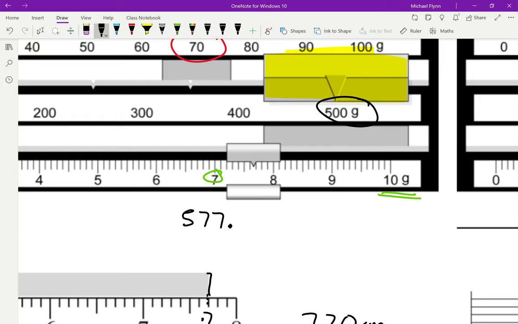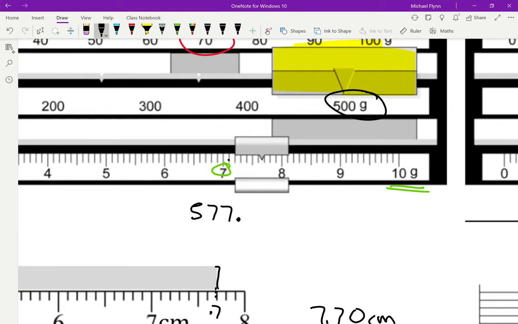Now if I count these markings, I go 1, 2, 3, 4, 5, 6. So I'm going to write 6 here. But then it's not right on the dot. I'm going to estimate the last digit, and that's very close to the next marking, closer than it is to the 0.6.